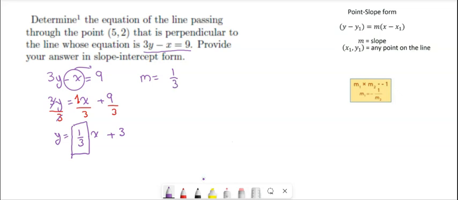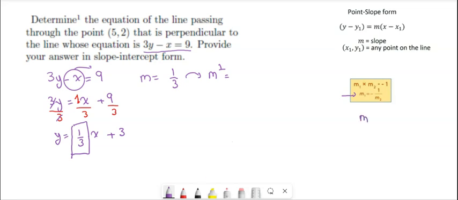Now, since I am not looking for the parallel line or any other line except the perpendicular one, what I need to do is figure out the perpendicular slope, and for the perpendicular slope we're gonna use this formula. Do you see it here? The slope of the perpendicular one is gonna be the opposite of the reciprocal.